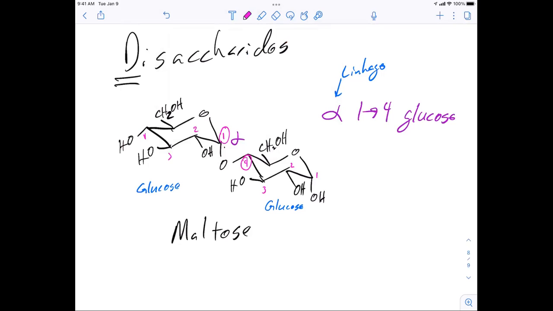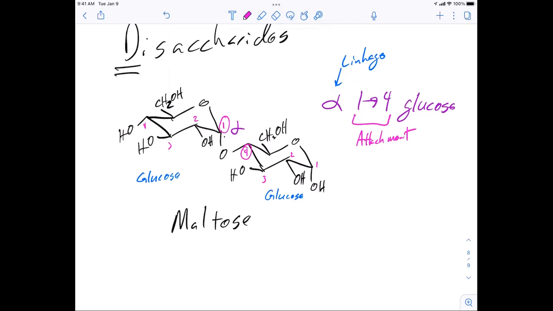Your common attachments are 1,4 or 1,6. So maltose is a 1,4 alpha linkage between two glucose molecules. Okay, that is the disaccharide.